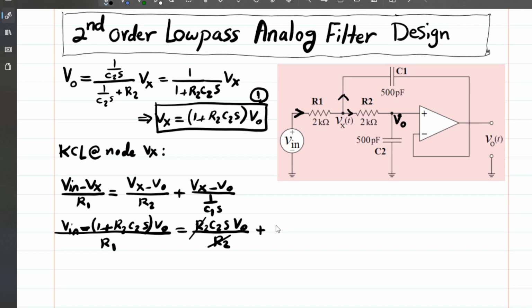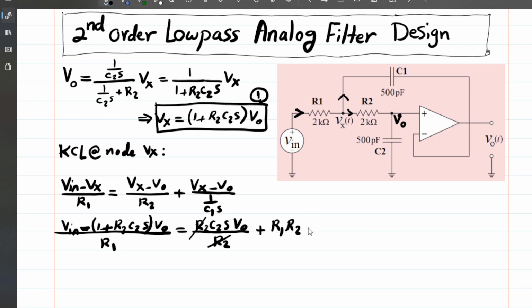It becomes R2C2s times Vout, for the same reason I mentioned before. And then C1s shows up from the denominator into the numerator. So it becomes effectively R1, R2.